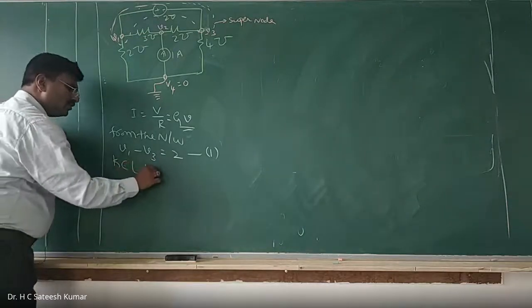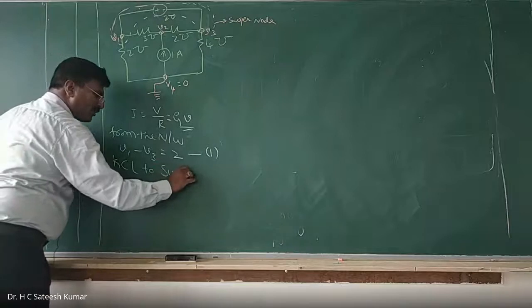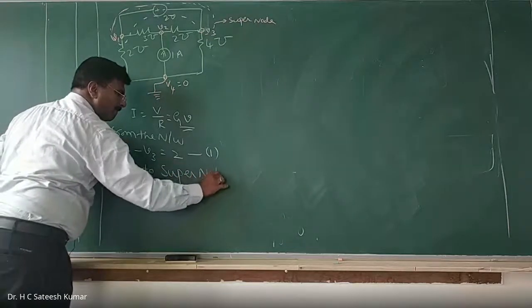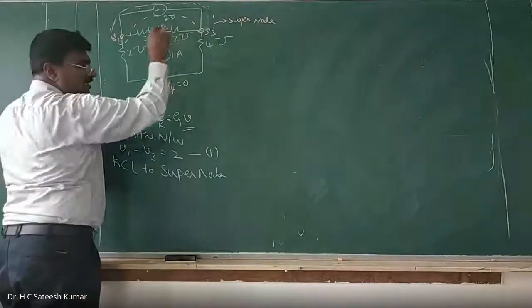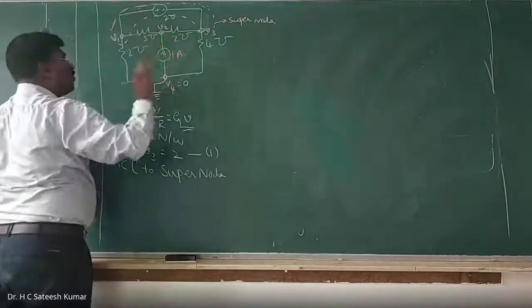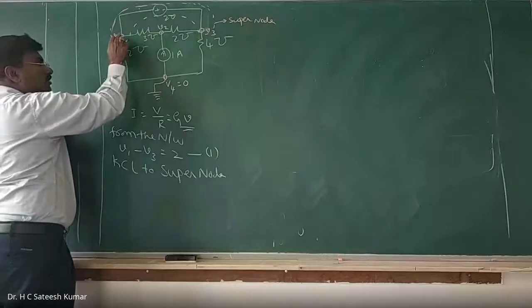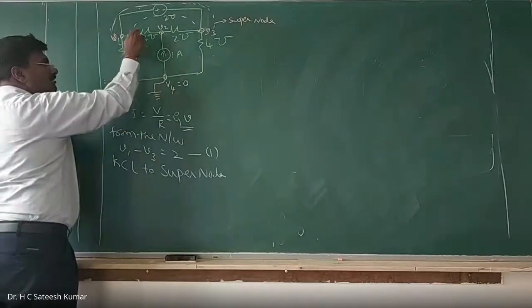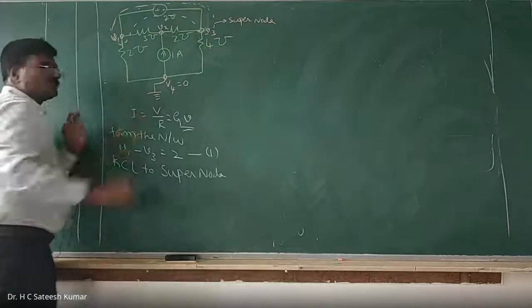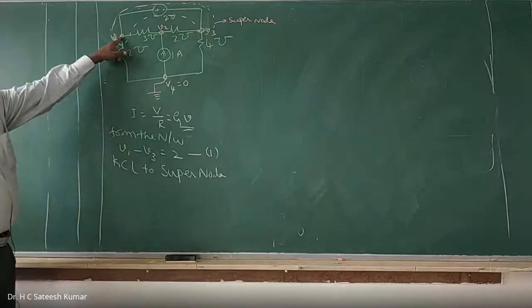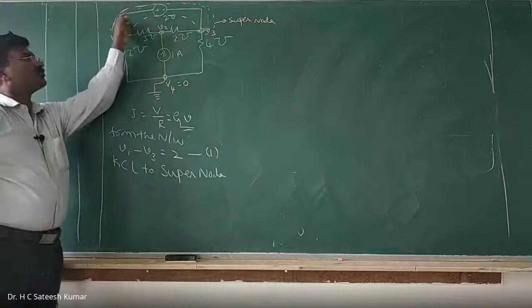KCL to supernode. Once again, I am repeating carefully, observe. Okay. Now what is that we have? This and these 2 combined together, it became supernode. Now what we should do is count the number of elements. 1, 2. 2 elements are there. Here 1, 2. 2 plus 2, 4 terms you should get. Start from this point. Leave this node. This branch you leave it. These 2 you take.